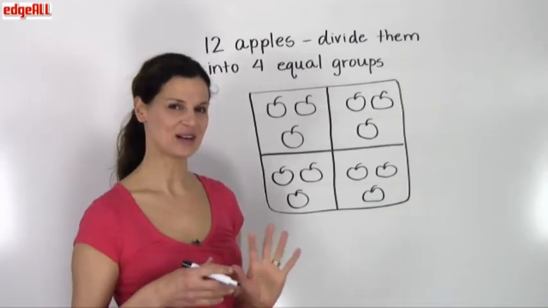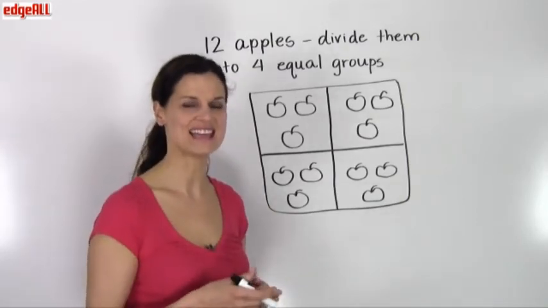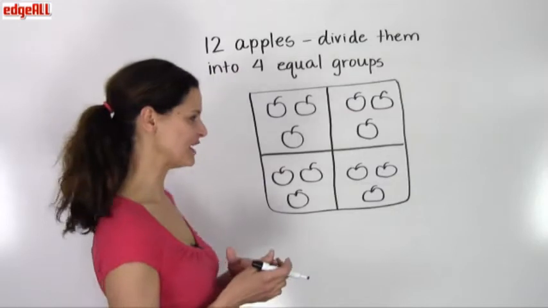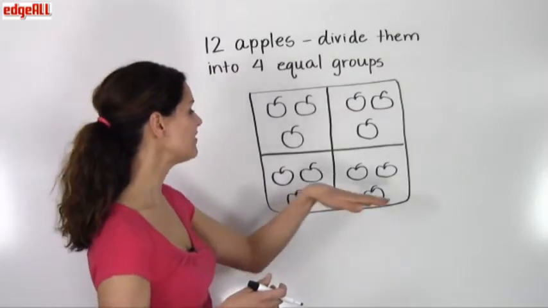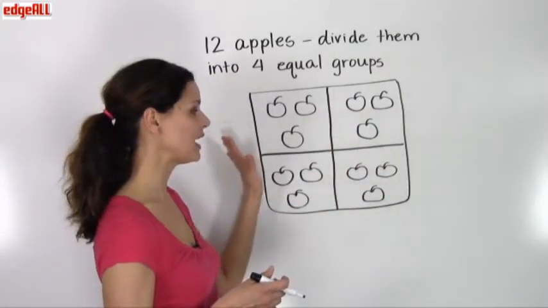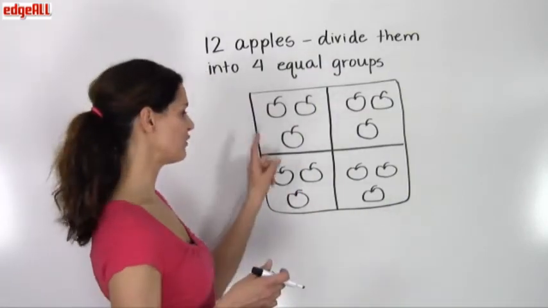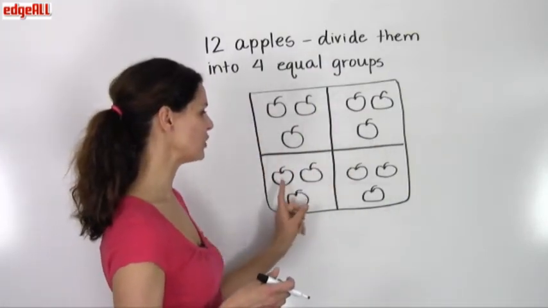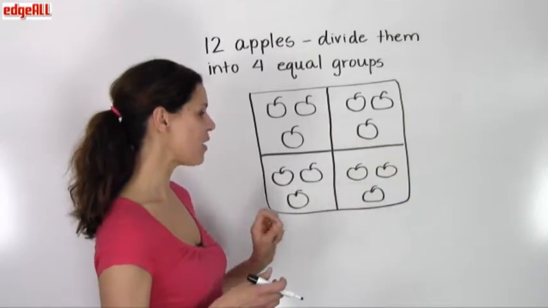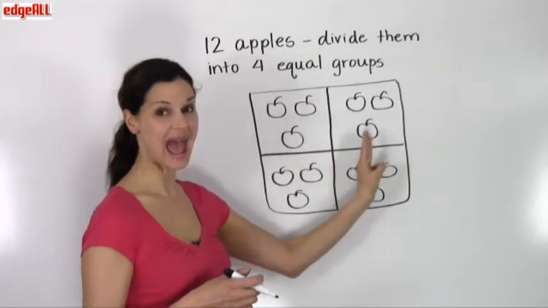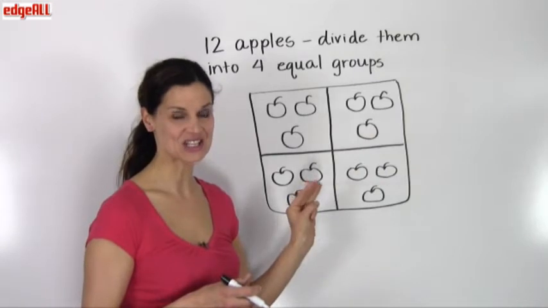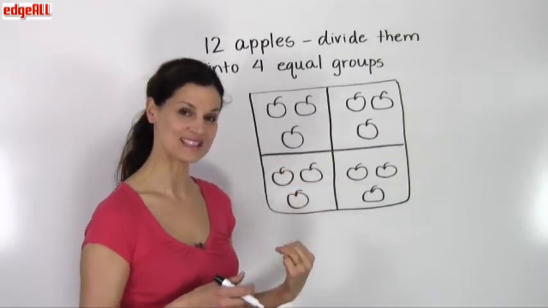So in other words, as we begin to speak in a division language, we would say that we divided a group of 12 apples into 4 equal groups, and we now have 3 apples in each of our smaller groups.